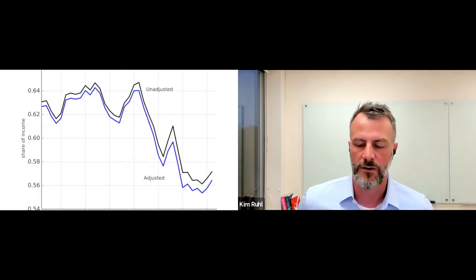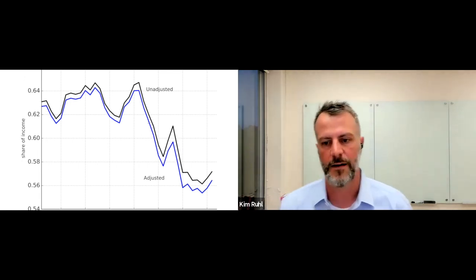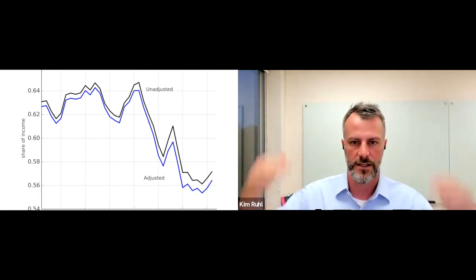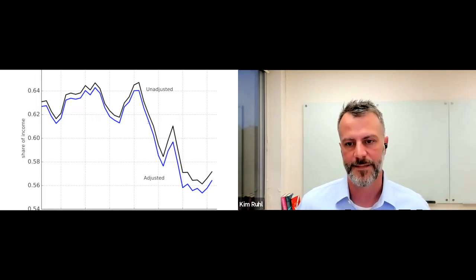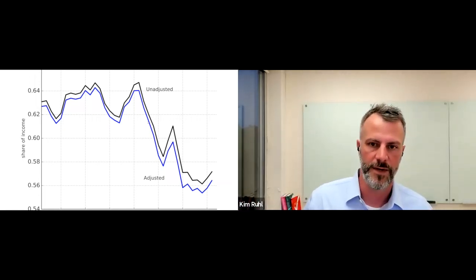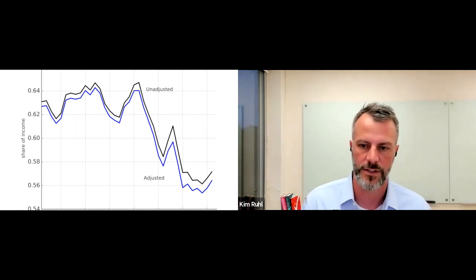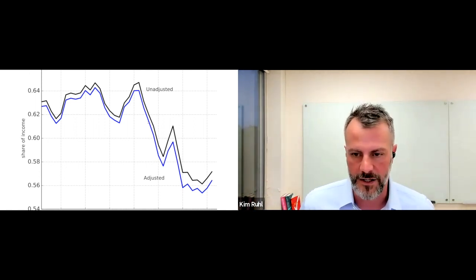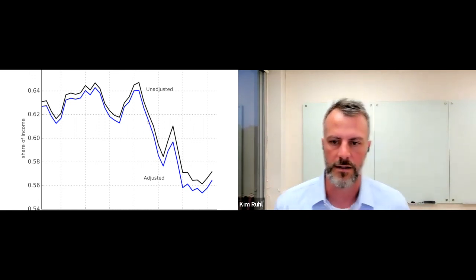And so this is what the dynamics of the labor share look like, and that's lower than in the official statistics, and then it falls a bit more in the later period than before. There's been a lot of discussion and debate about what's happened to the labor share.